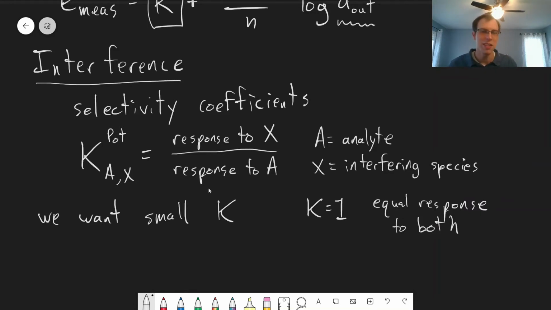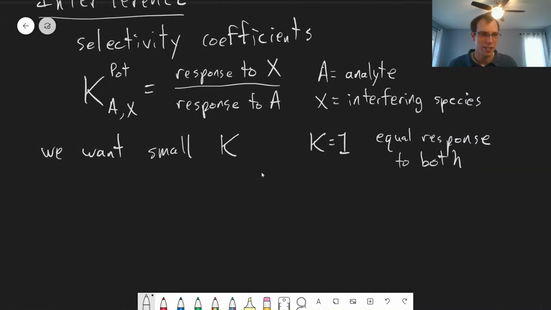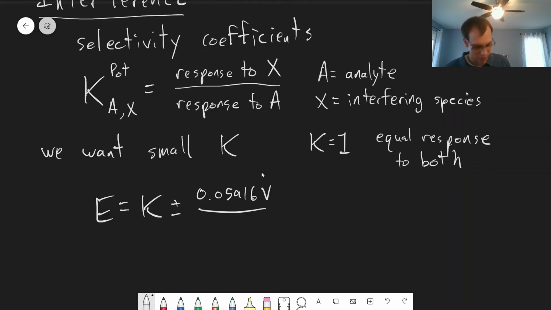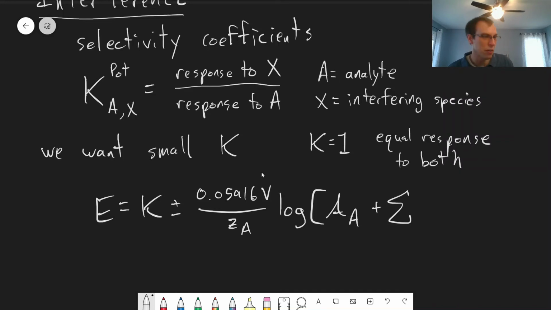So using this definition, we can rewrite what our response that we'll actually measure from our potential. E will be equal to K plus or minus, depending on the type of electrode, 0.05916 volts, again assuming 25 degrees Celsius, divided by the charge of A. So the charge of A is going to factor in here, and then log of the activity of A, which is our normal thing right here, concentration of A if we're ignoring activity coefficients, plus the response due to any interfering species.